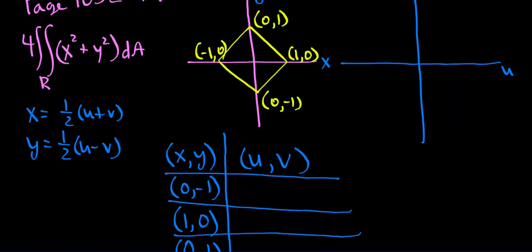So I do that by saying, okay, let me see if I can get a relationship here. x plus y is going to equal u. If you just add those, you find that u equals x plus y. Now, if you subtract, x minus y, then I get v is equal to x minus y.